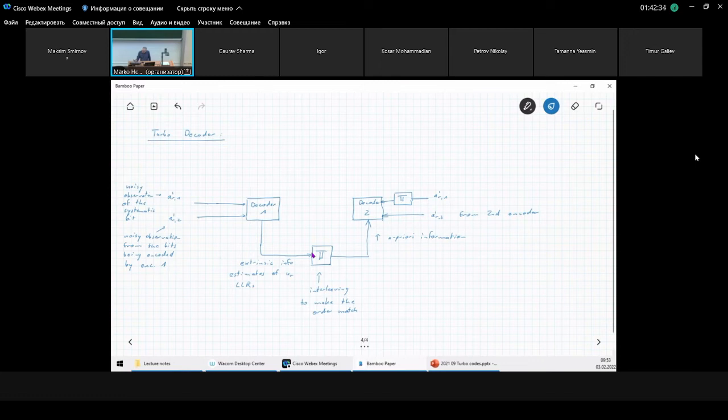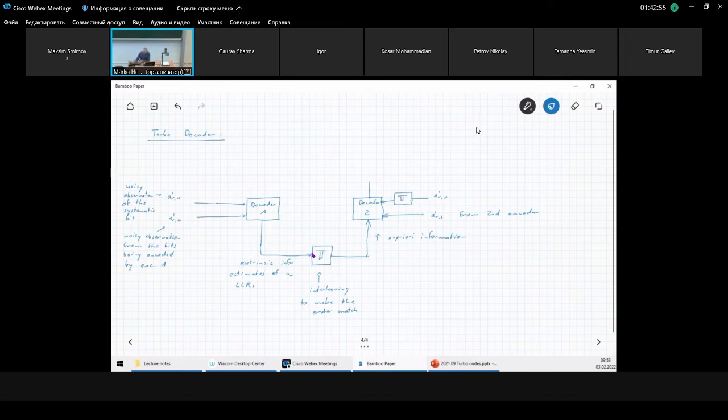So maybe at the output of decoder 2 we would get bit u_k as a 1 with 80% probability. We get a better estimate as we have some a priori information already.